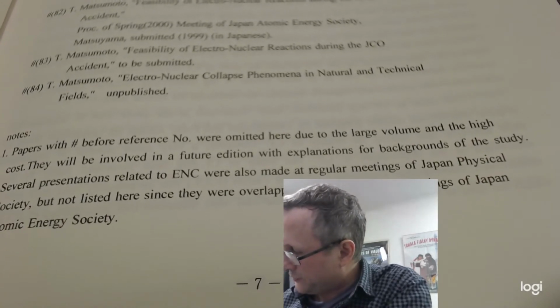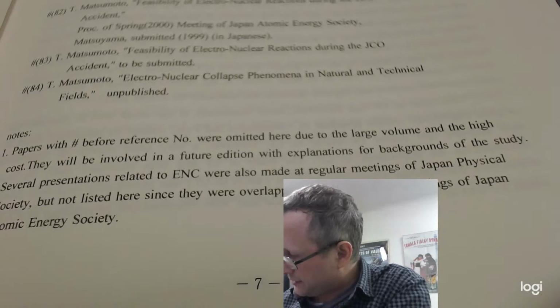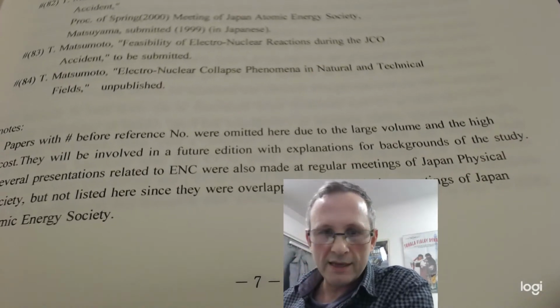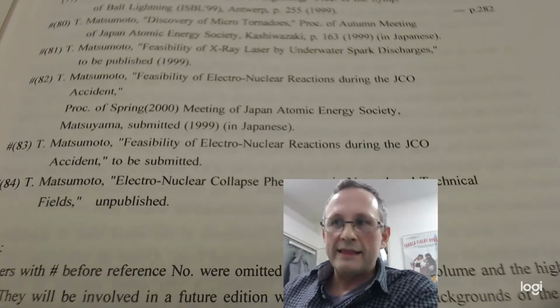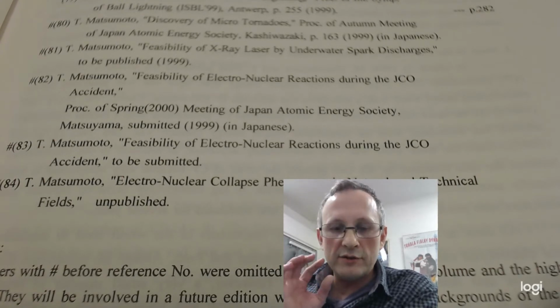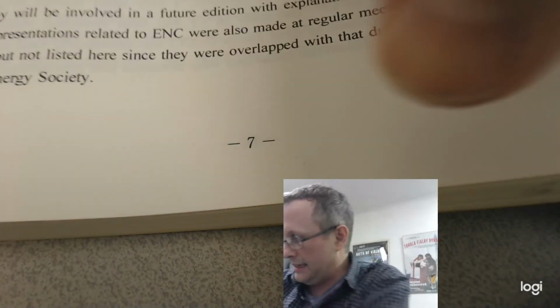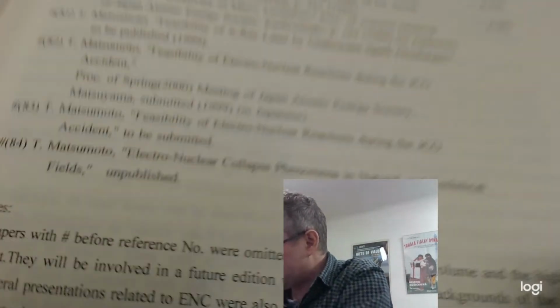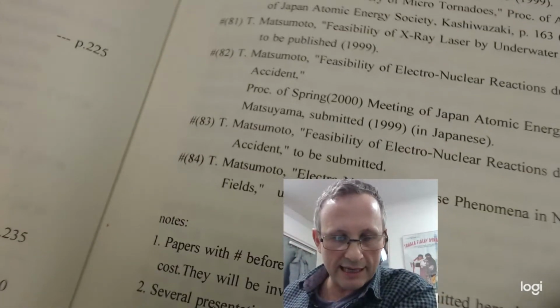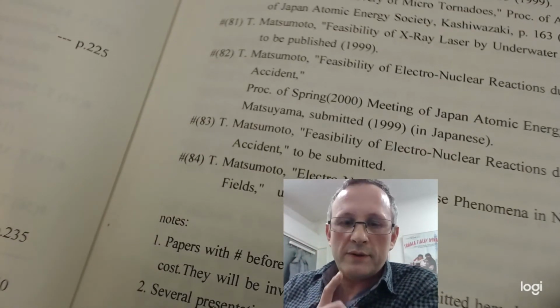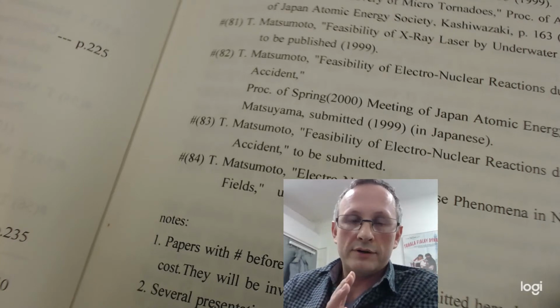They will be included in a future edition with explanations for background of the study. So the downside here is this is not a complete works. There are 84 presentations, and only 26 are included in this book.